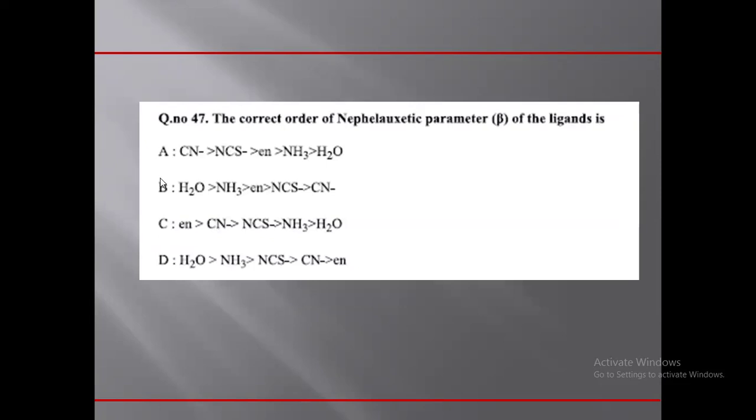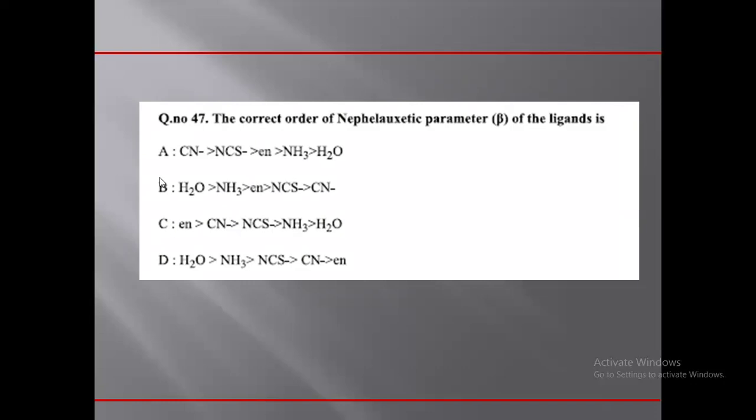So here, question number 47. The correct order of the nephelauxetic parameter of the ligand is. First, you should know the nephelauxetic effect and parameters, so both are different. What is the nephelauxetic effect? Less inter-electron repulsion.